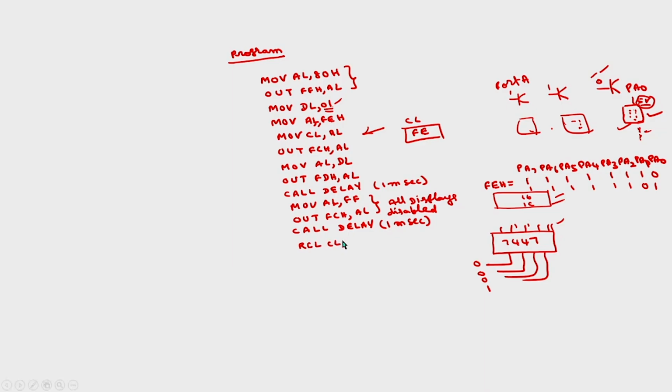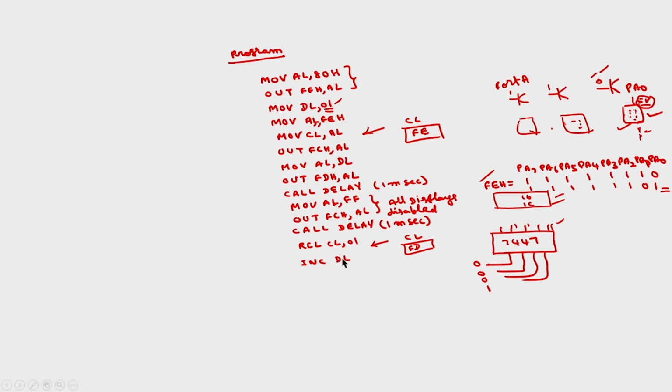In CL we have initially this FEH. Now if I rotate by 1 bit, CL now contains FDH. This FDH code corresponds to selection of the second display. Then you have to increment DL, because I have to display 2 on that particular display, INC DL.